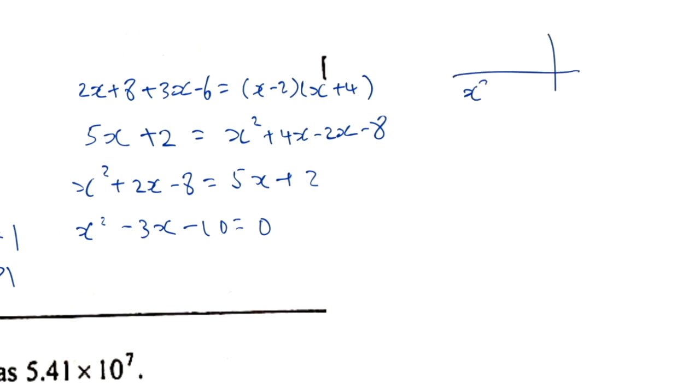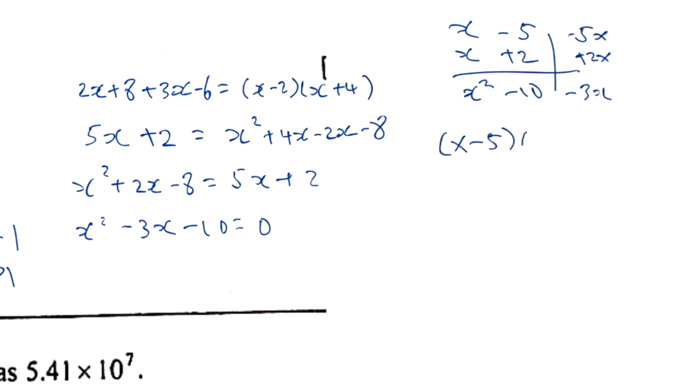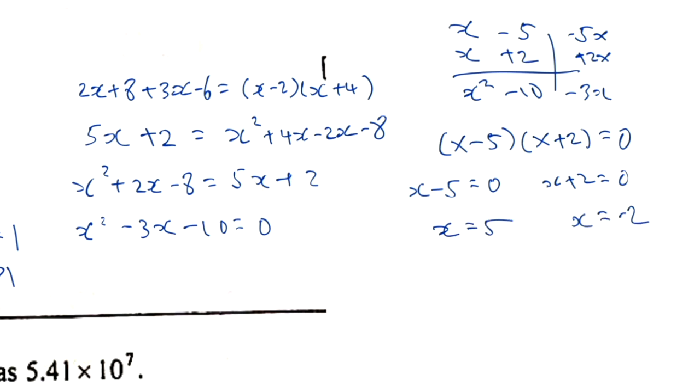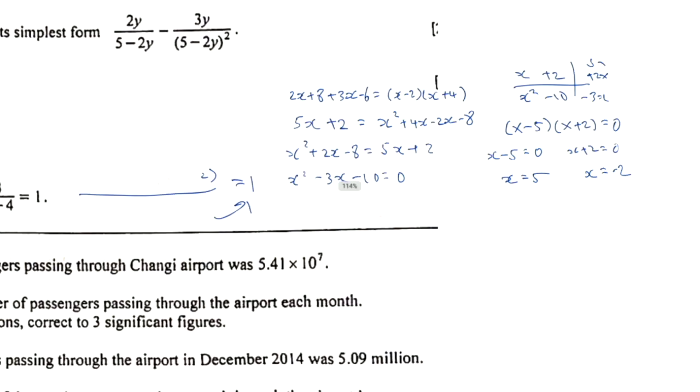Alright, so x squared, so x minus 5, x plus 2 equal to 0. Usually when equal to 0, it's split into 2. So x equal to 5 or x equal to negative 2. Okay? Yeah.